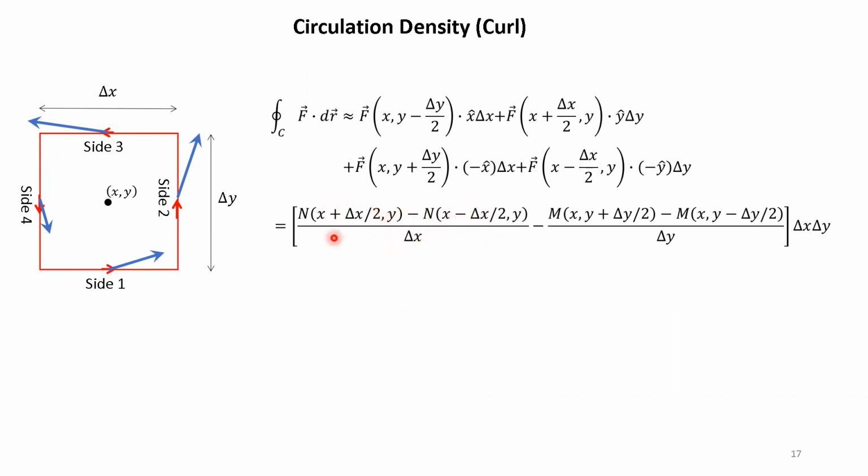So this is a derivative now. You can see that I'm considering x plus delta x divided by 2 and x minus delta x divided by 2, but I'm fixing y. So this is a partial derivative, the partial derivative with respect to x for this N function.